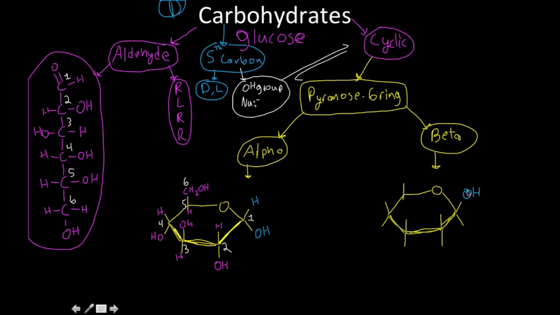That's an OH on the top, and then the H is on the bottom. This could be an R group as well if it was a ketose, but this is an aldose, so we're not worried about that. And then the rest of it is exactly the same. For glucose, it's down, up, down, and then up.